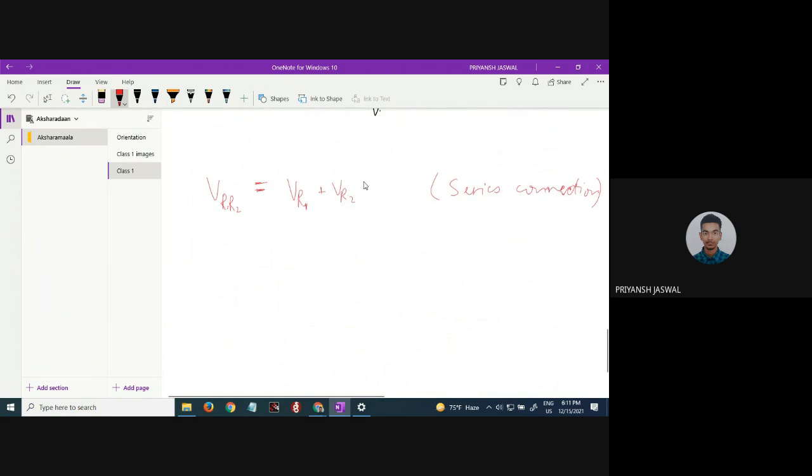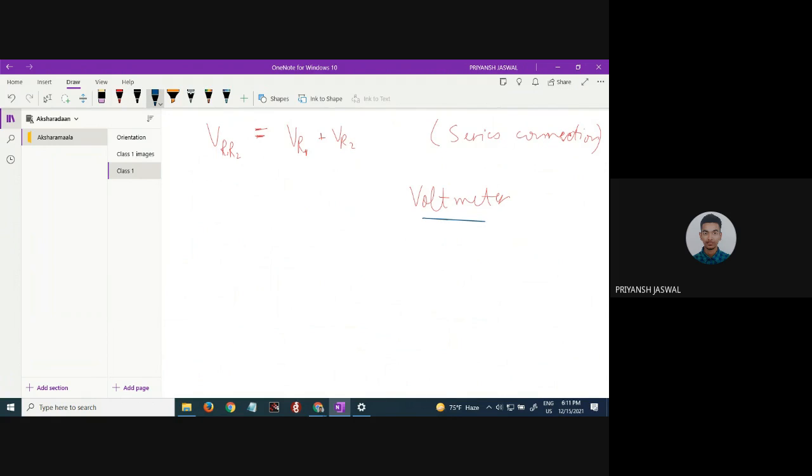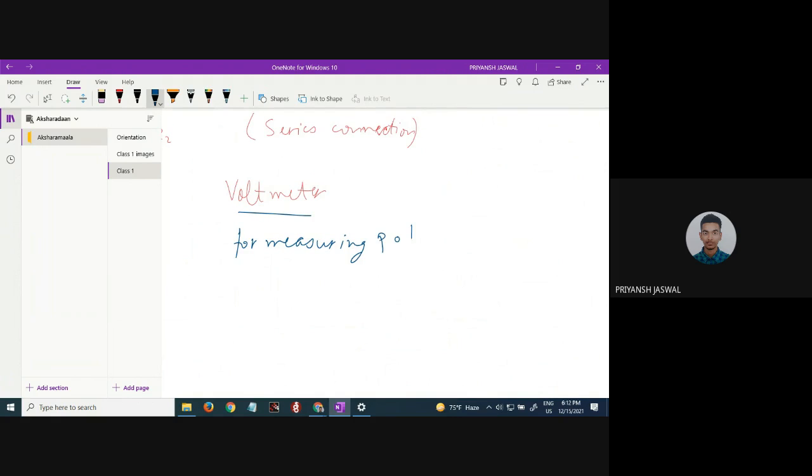And in practical applications, if you want to measure this potential difference, we use a device known as multimeter. Or before multimeter, I would say we use voltmeter, for measuring potential difference.